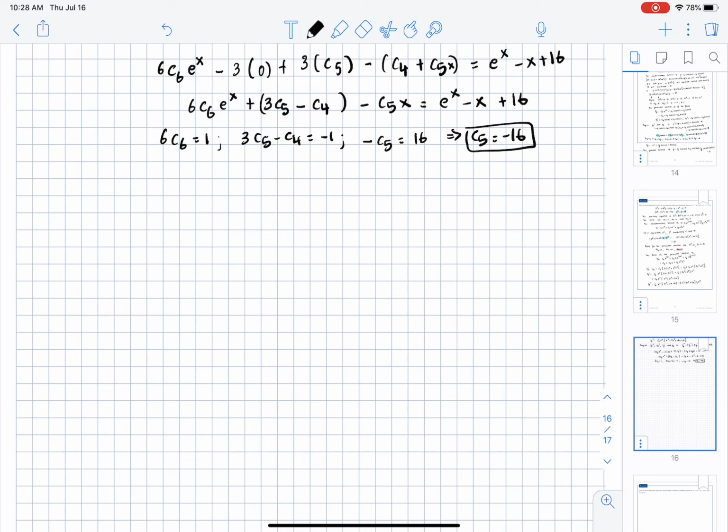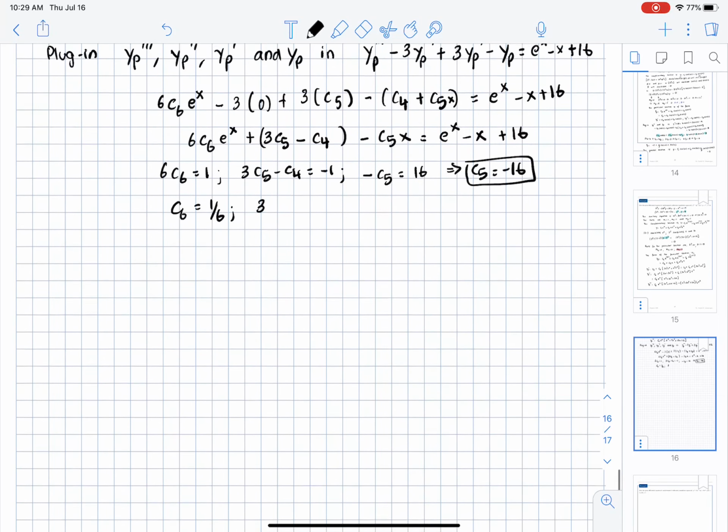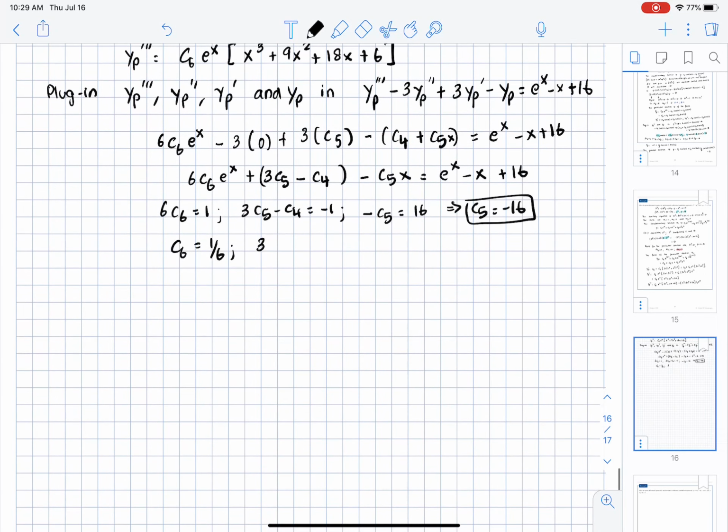Now that we've found C5, we could actually find the other numbers. So we have C6 to be 1 over 6, oh, sorry, this C5 plus C4 wasn't as easy as I thought it would be.